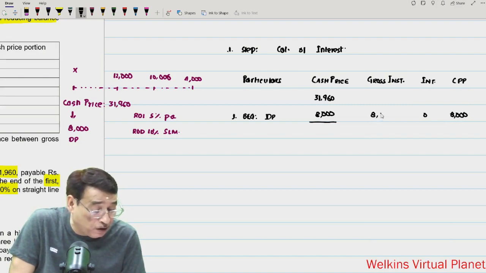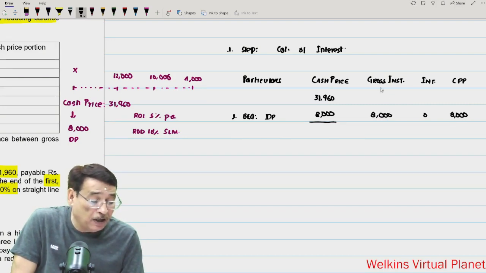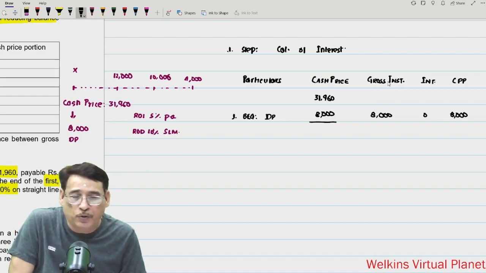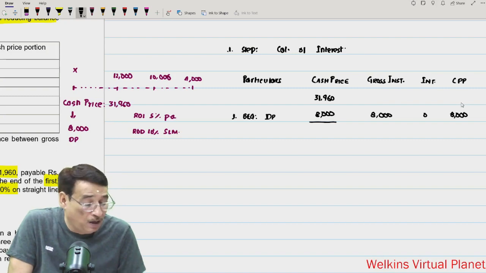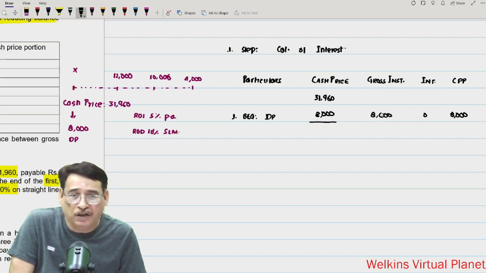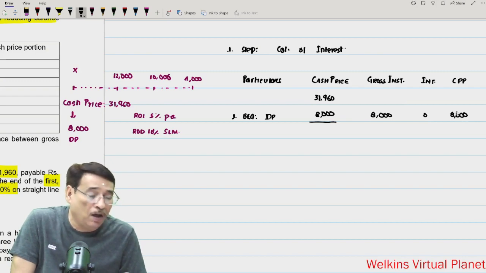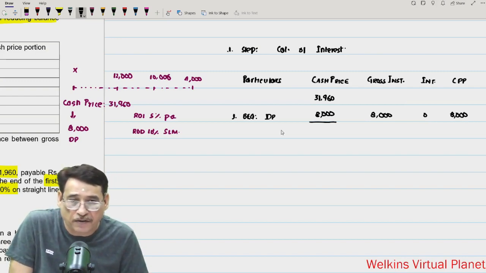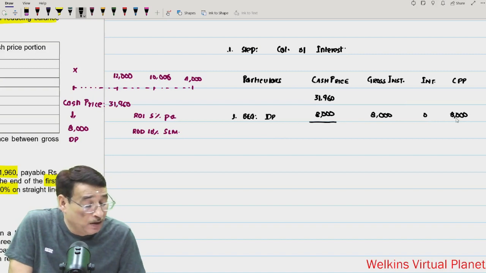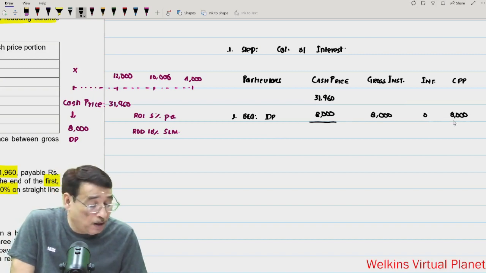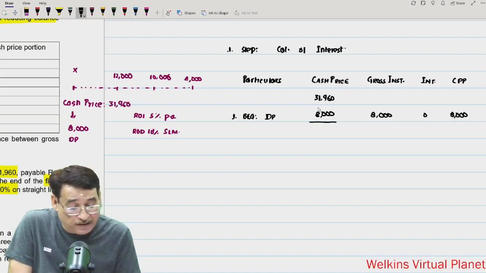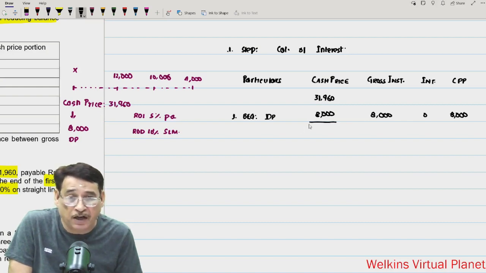The gross installment will include the element of interest and the element of cash price portion both. However, this time there is no interest element, and the entire amount is related to cash price. Is it clear to you or not? So whatever amount you have paid against the cash price will have to be subtracted from the cash price.